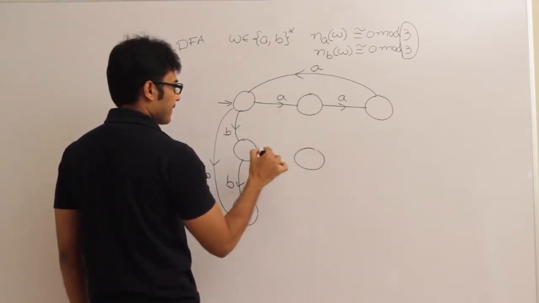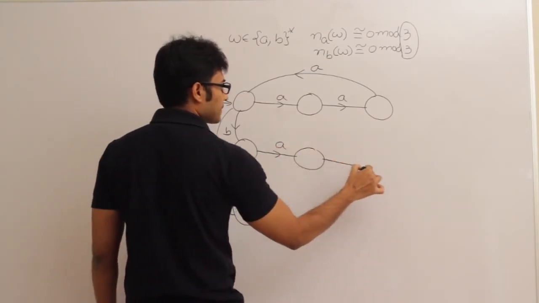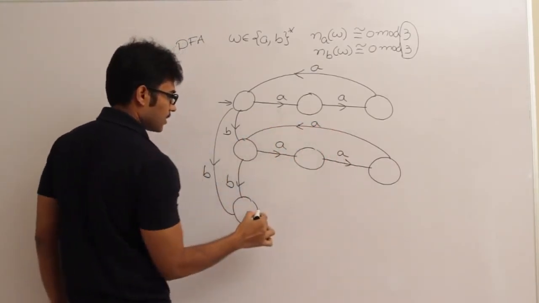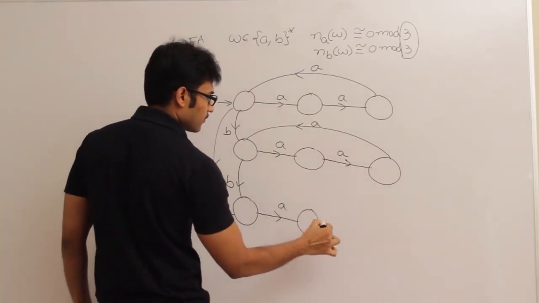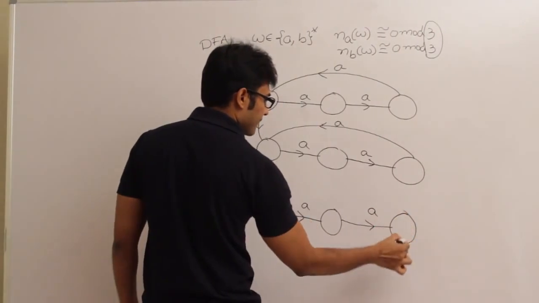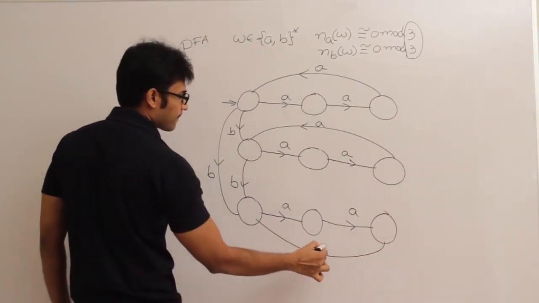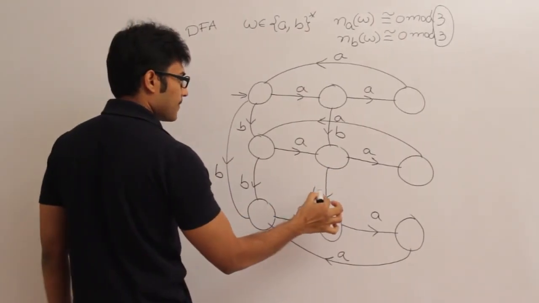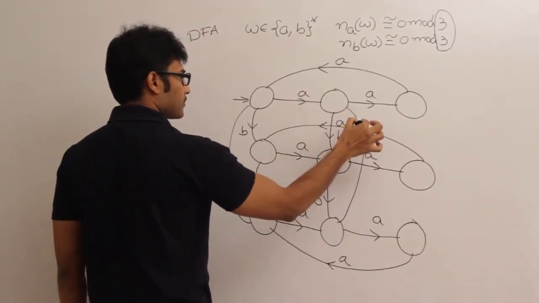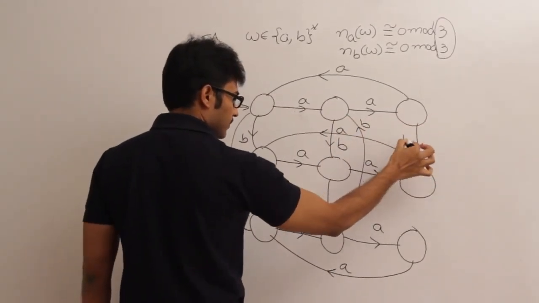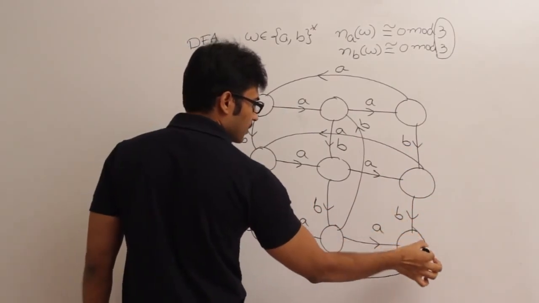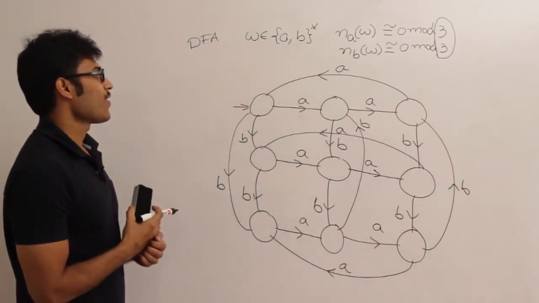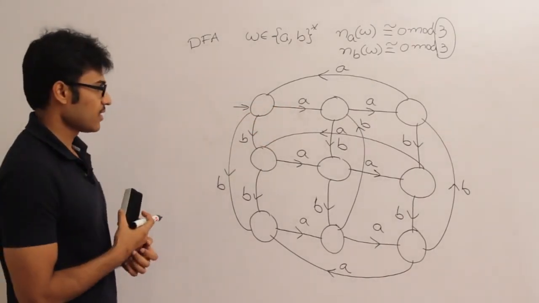So it is going to be like this, with the mod 3 counter for A again, and again for B. Now you see this: horizontally we have counted the number of A's and vertically we have counted the number of B's.